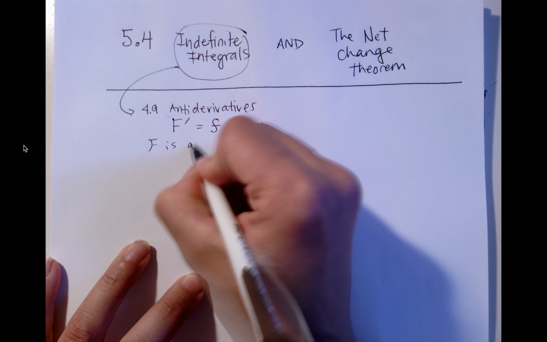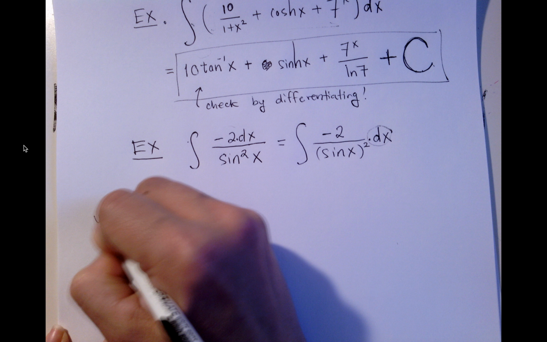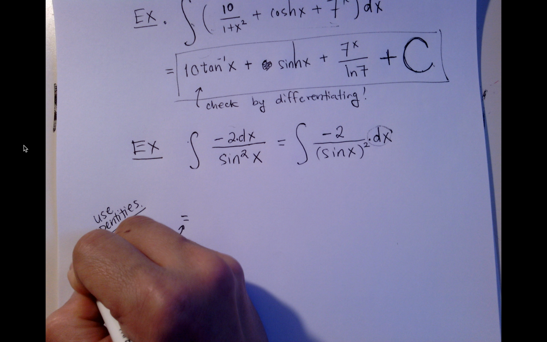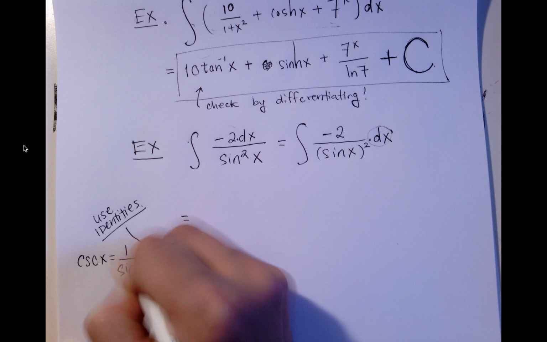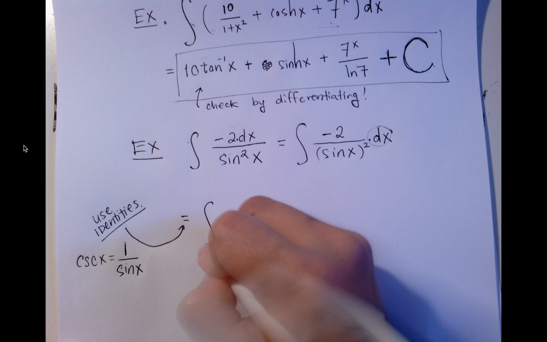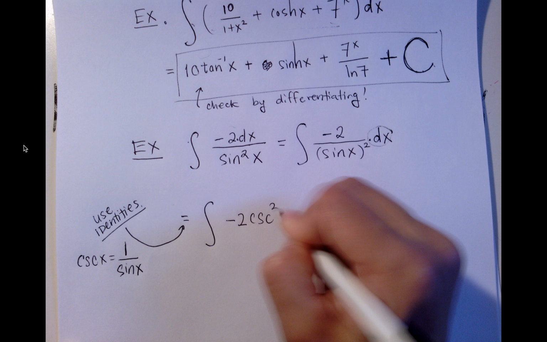The next thing I'm going to do is I'm going to note that I'm going to use a trig identity. So use identities if they help you when you're doing trig. We know that cosecant of x is 1 over sine x. So I can actually rewrite this as, okay, and I know that this part is just the derivative of cotangent x.